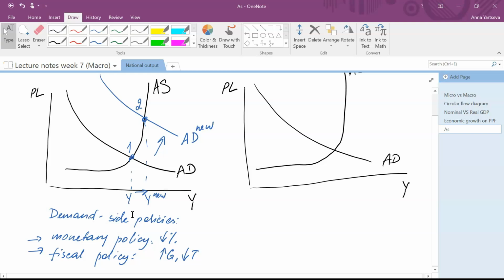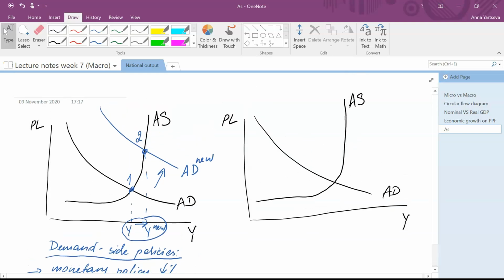However, demand side policies will lead to short-run effects, a short-run increase in national GDP. What represents the true growth policy is the shift in the aggregate supply curve. By shifting aggregate supply, we are able to move from point 1 to point 2 as before.